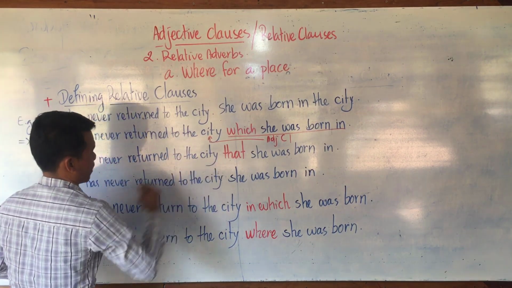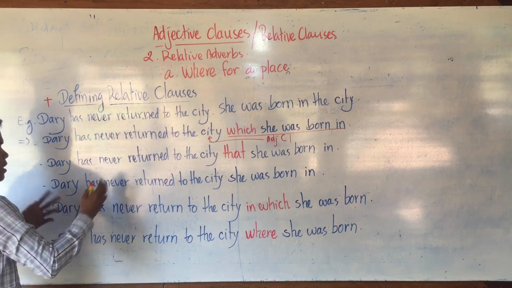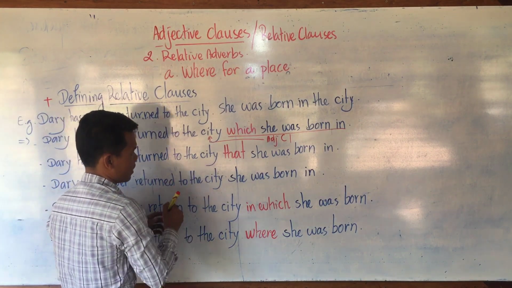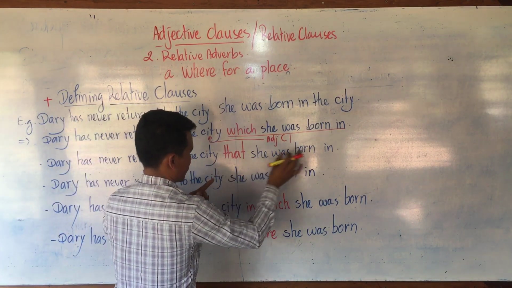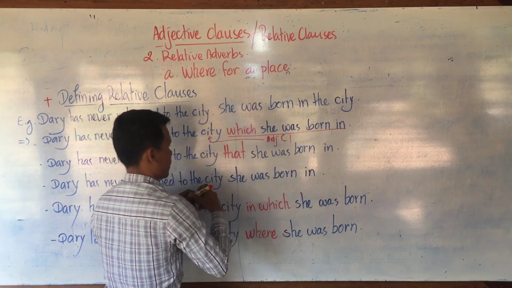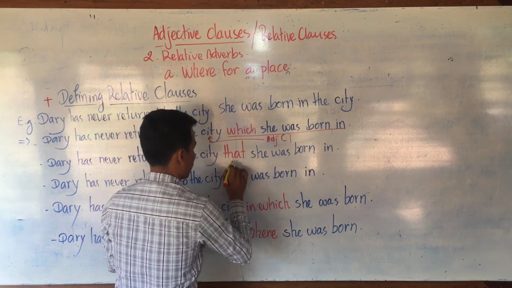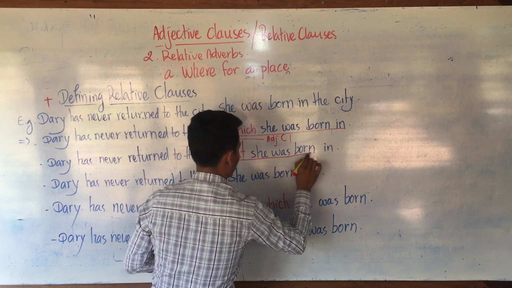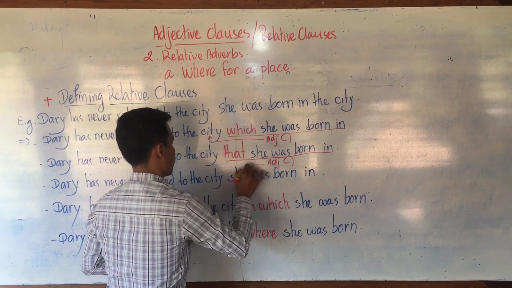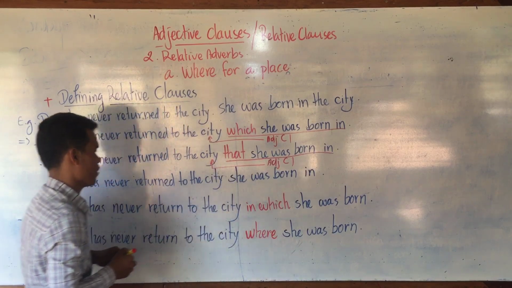That's why that can also be used in this sentence. Dary has never returned to the city that she was born in. So in is still a preposition. So that here is object of preposition in. From that to in is the adjective clause. It modifies the city, same thing.